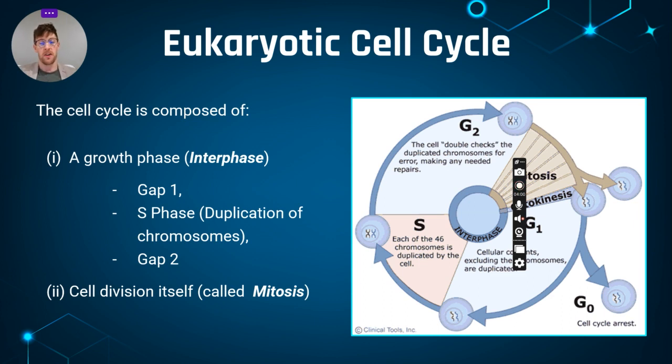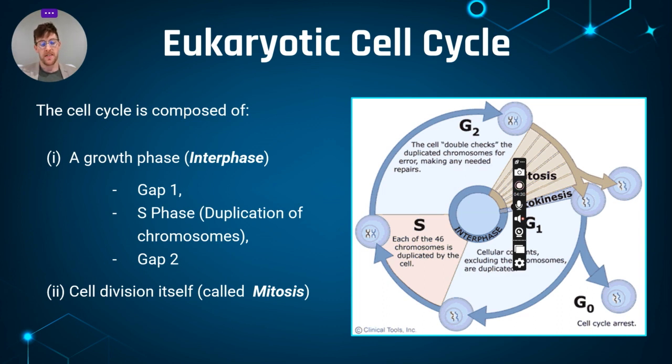If interphase does occur, in the gap 1 phase, that's where we're creating key proteins that we need, setting up those structures, like getting chromosomes ready for division and getting all the other cellular contents ready, things like mitochondria, replicated more and more, as well as making sure all the necessary nutrients are in place.